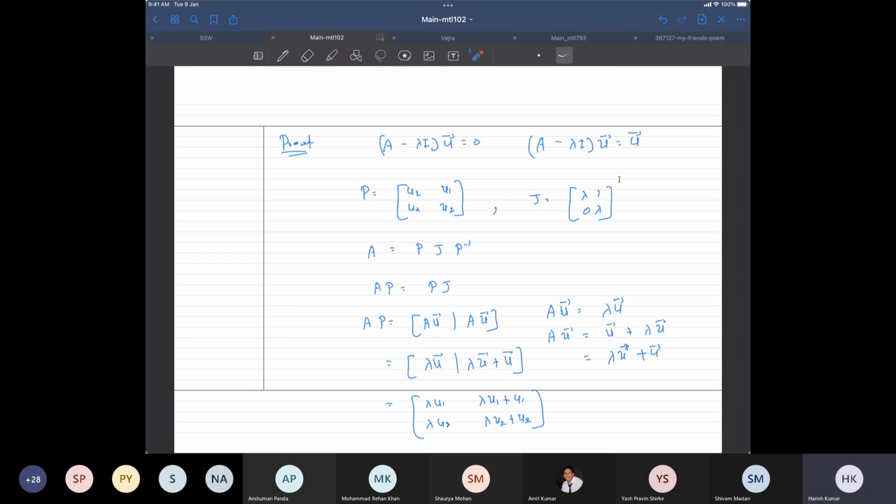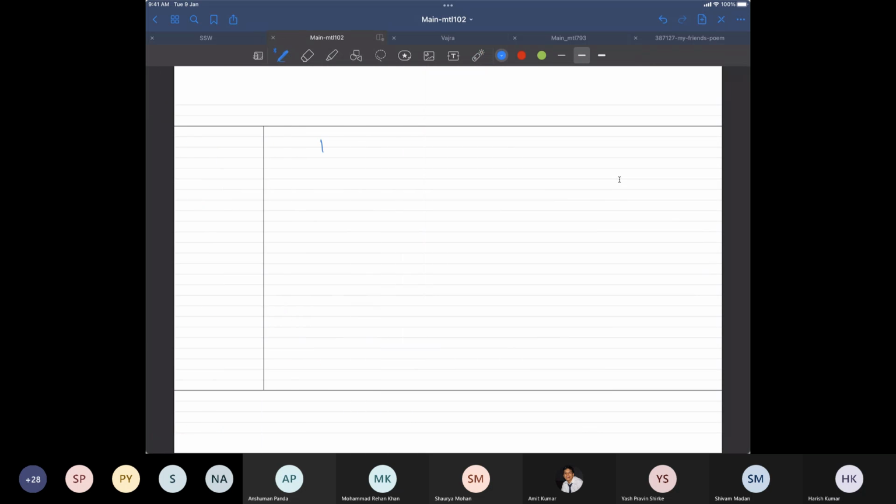So this is the calculation for this side. The calculation for this side is trivial because this is a very simple matrix. So P J, and J is nothing but lambda, 1, 0, lambda. So P J will be equal to this multiplied with this.